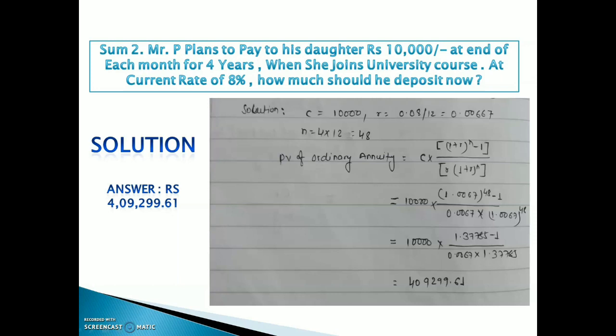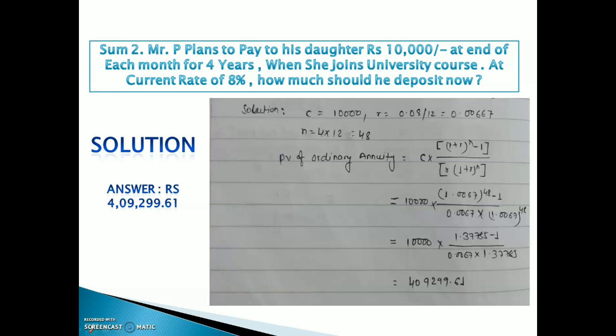That means Mr. P has to deposit 4,09,299.61 now to get the cash flow of 10,000 to meet his daughter's university course expenditure at the end of each month.